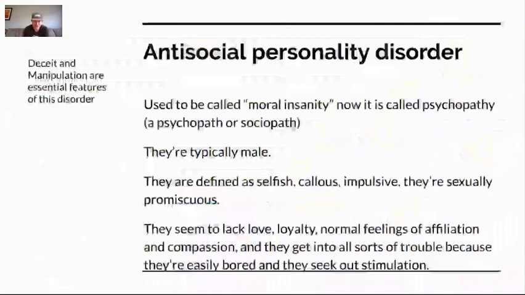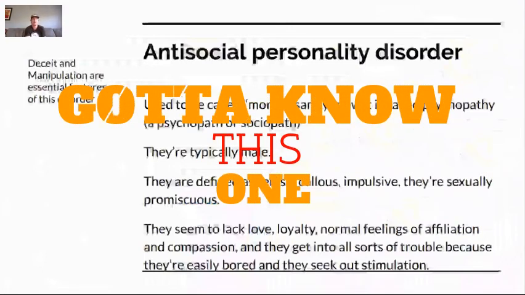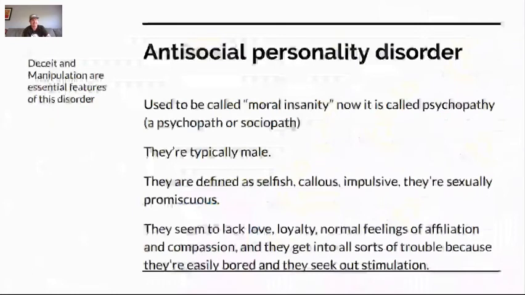Antisocial personality disorder. This is probably one of the most important ones that I want you to know, because this is what a psychopath is, right? This is psychopathy, a sociopath. You can really use those two terms interchangeably. They're typically male, selfish, callous, impulsive, sexually promiscuous.